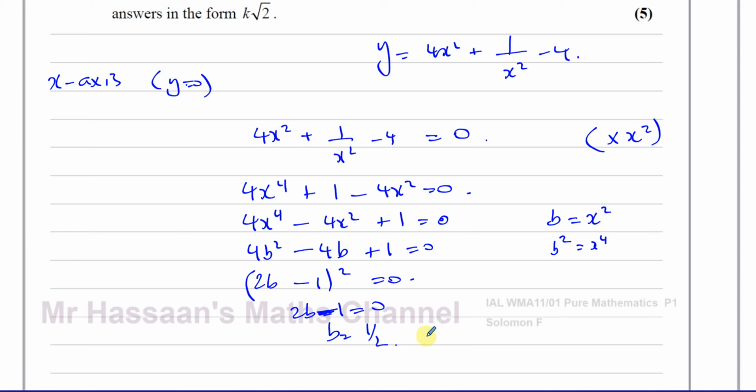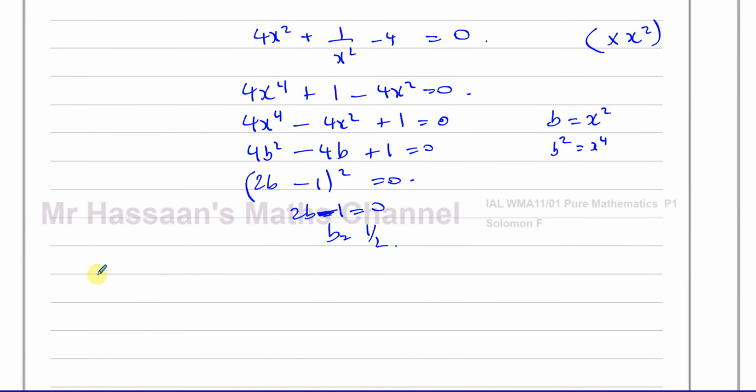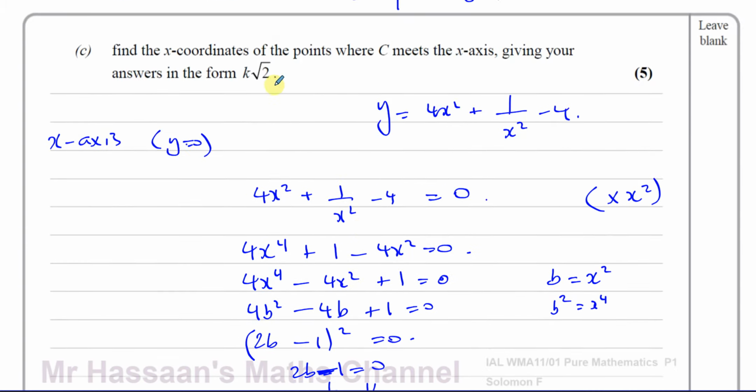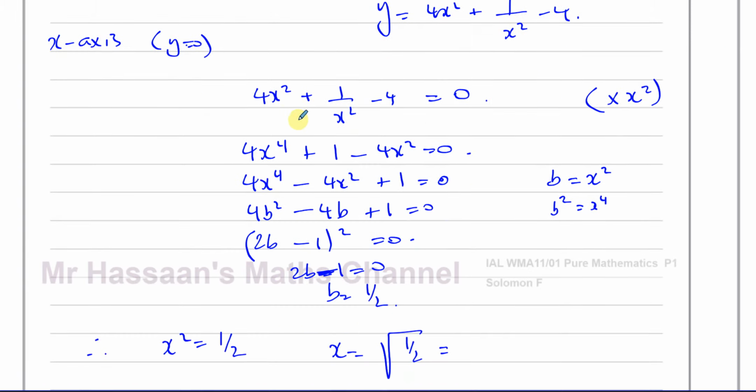It's like a repeated root there. So b is equal to a half. So therefore we can say x squared is equal to a half. So x is equal to the square root of a half. Now we want to write our answer in simplified form, in the form k root 2.